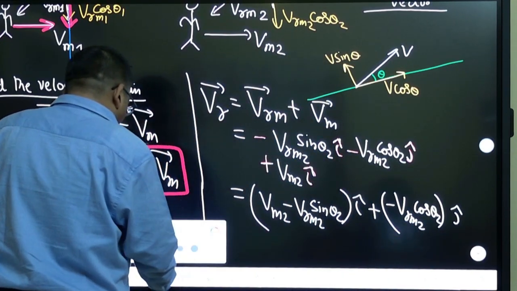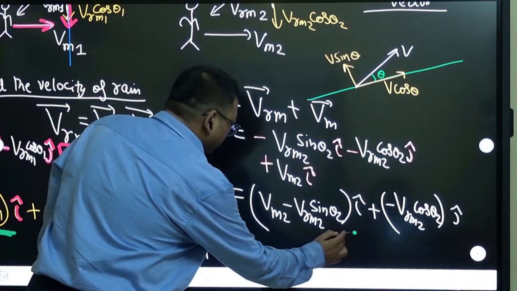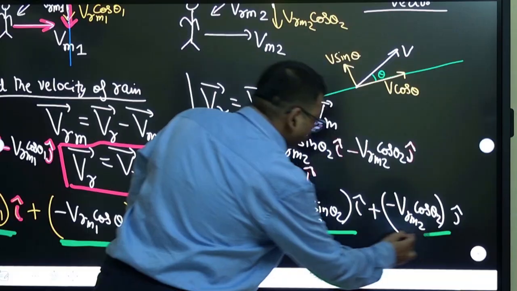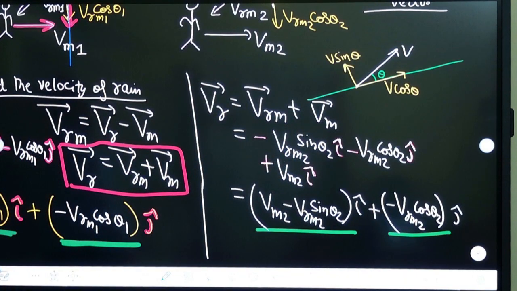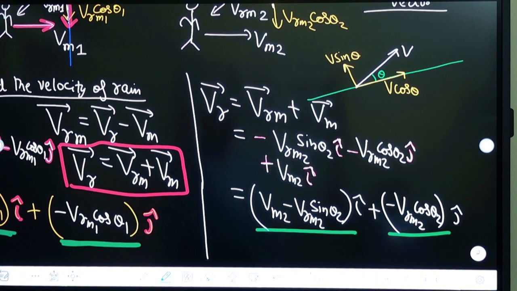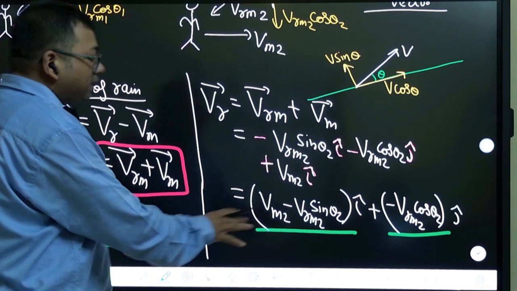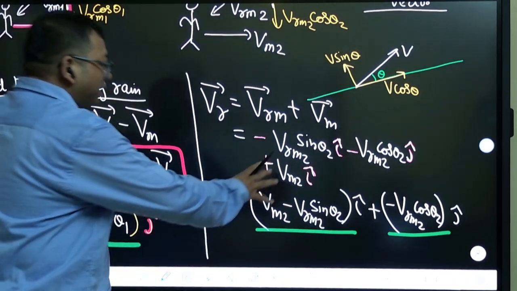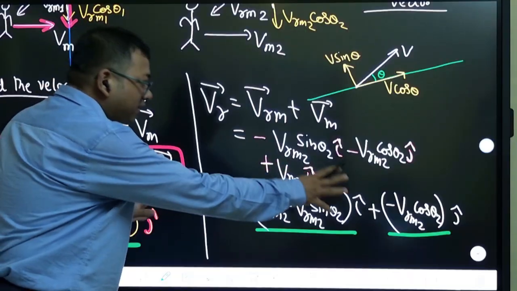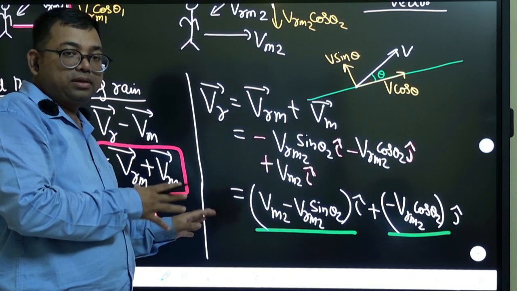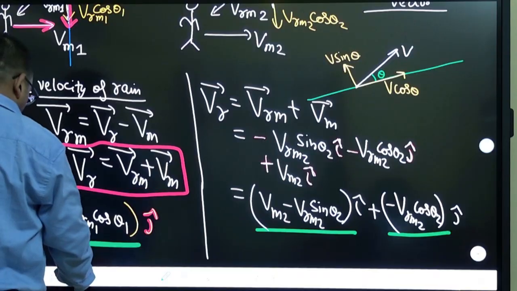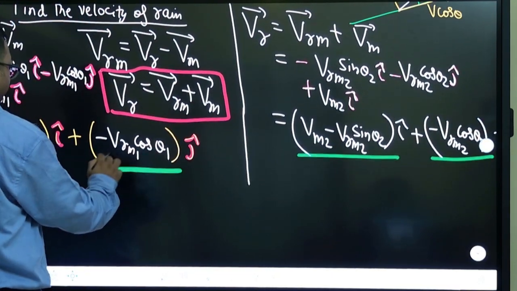Correct. So here also we have got the I component and the j component. Clear? Now after that, because this has to be the same vector, we have to equate the I component and we have to equate the j component.